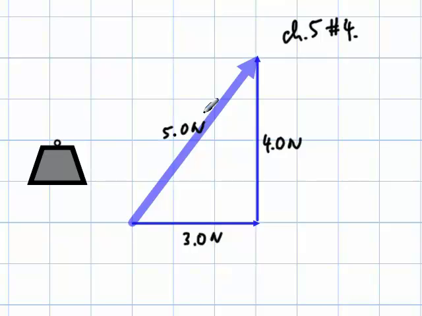3 squared plus 4 squared is 25. Take the square root, that's 5. However, they didn't ask for force, they asked for acceleration, but I calculated that for a reason, because in order to determine the acceleration I need the force divided by the mass, which I almost forgot is given in the problem. That was 2.0 kilograms.